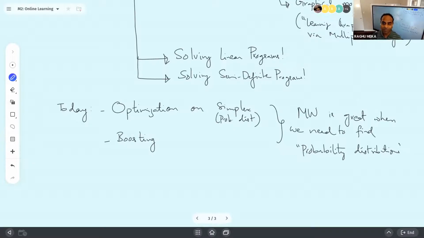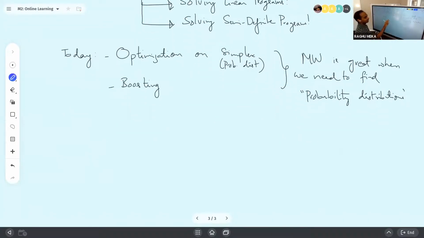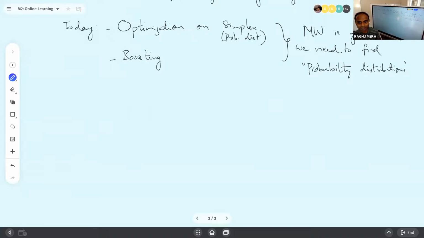So what I'm trying to figure out is a probability distribution on something. I want the right distribution of wealth, which is going to optimize my net growth for tomorrow or my expected growth for tomorrow. Okay? So in many such scenarios, when you're trying to optimize on probability distributions, when the things that you're working with are distributions, somehow multiplicative weights kind of keeps popping up.